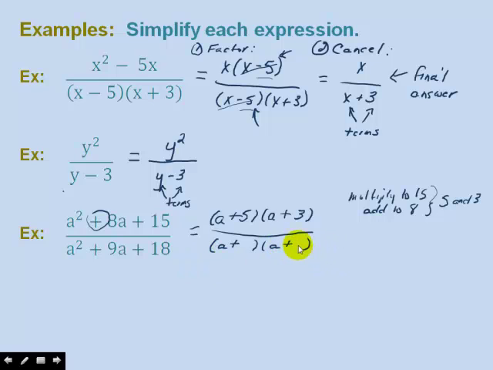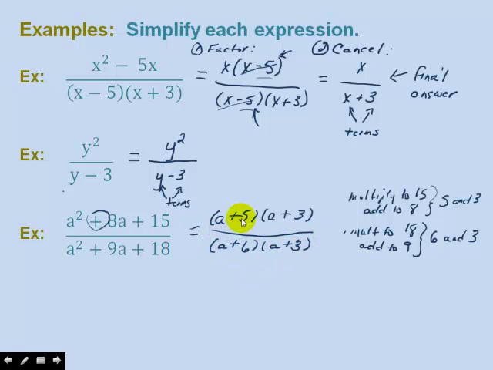So now we want two numbers that multiply to 18 and that add up to 9. So two numbers that would do this would be 6 and 3, because 6 times 3 is 18 and 6 plus 3 is 9. So we can put the 6 there and the 3 there.